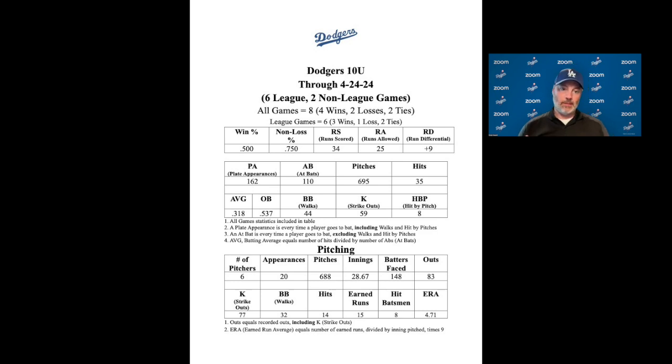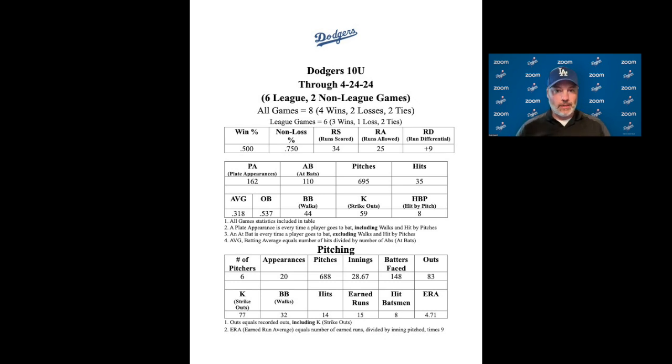For hitting statistics, we have 162 plate appearances and 110 at bats. Now, if you remember from the first video, and you can read the notes down below the table as well, an at bat counts as every time a player goes to bat, excluding outcomes like walks and hit by pitches.